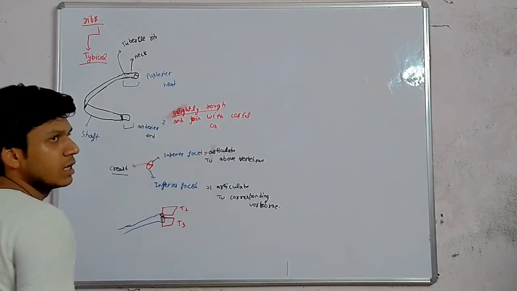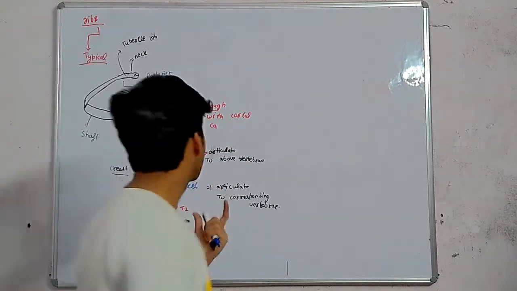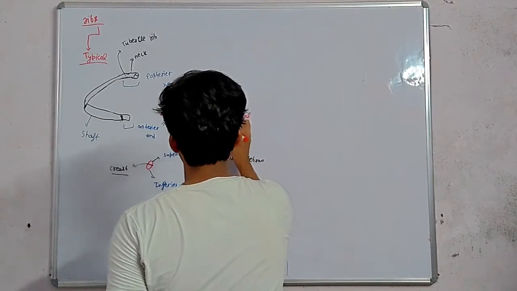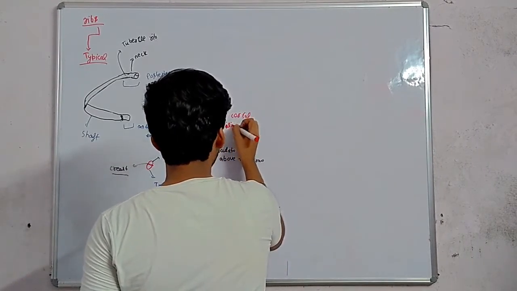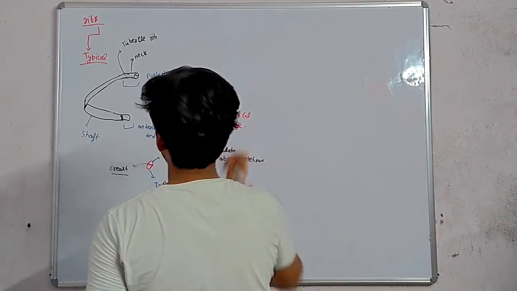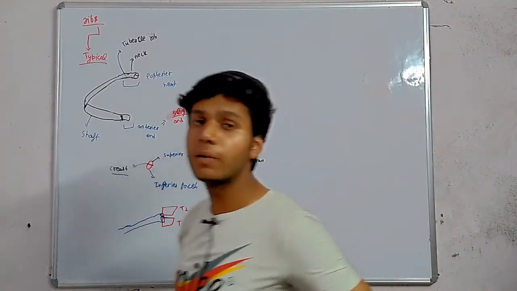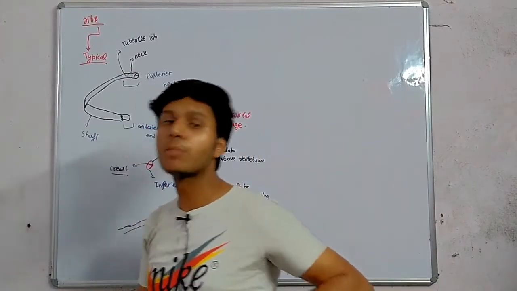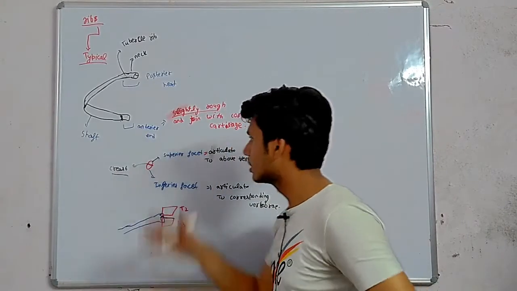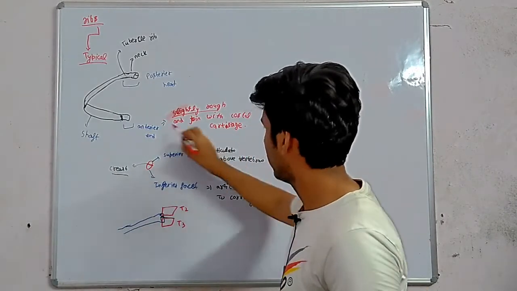We know that on the anterior aspect, hyaline cartilage is present. Done. And the shaft is a long flat part which forms the major rib portion. This is the flat part. Then anterior end.